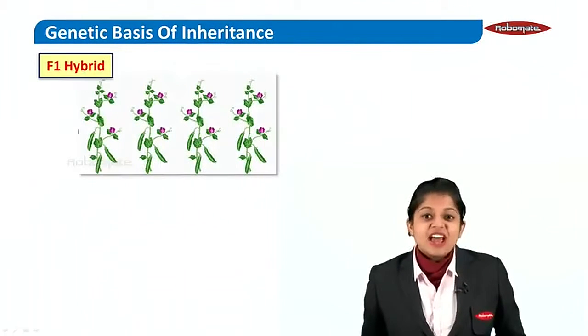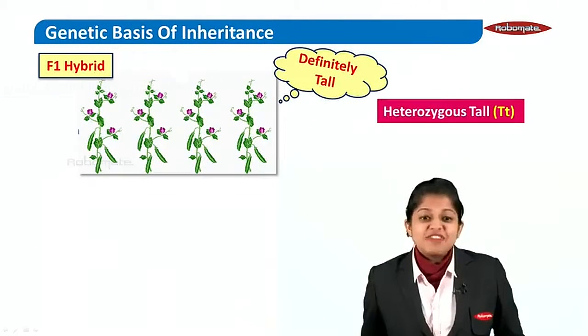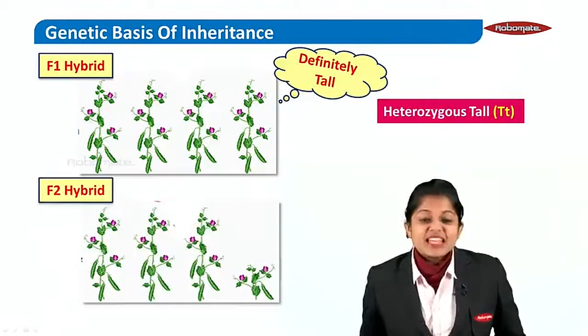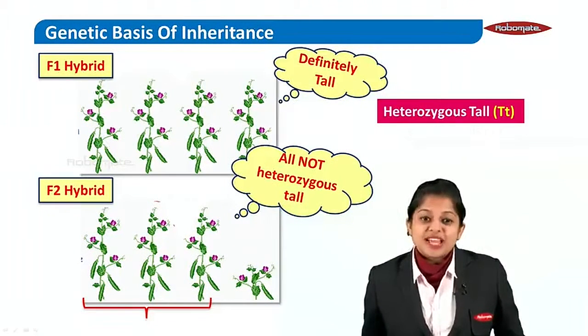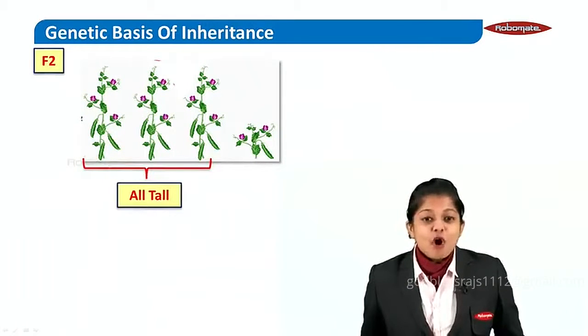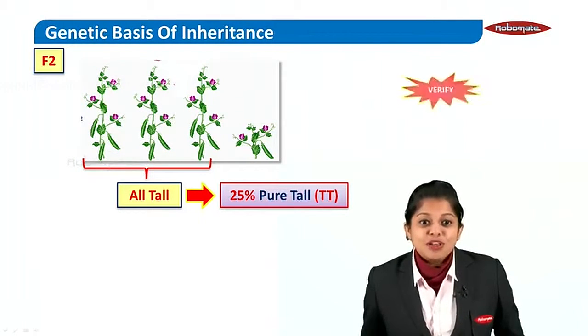Once we have an F1 hybrid, we know that all of them will be definitely tall because of the heterozygous tall trait. Whereas in the F2 generation, not all are heterozygous tall. In the F2 hybrid, of all the tall that we observe, we know that 25% are pure tall.